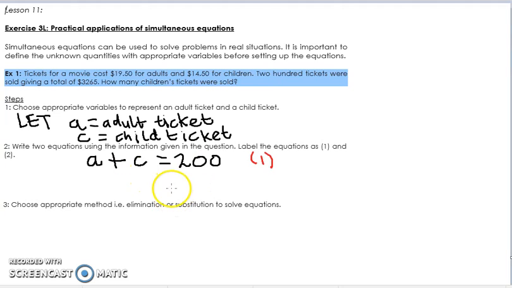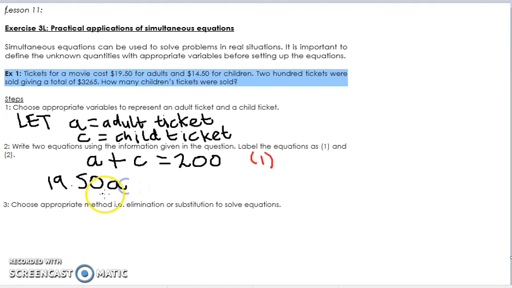and that's actually not solvable, because you can't have A plus C equal to something and then A plus C equal to something else. So this is where the cost of the adult and the cost of the child ticket comes into play. And we know that if we sold a certain amount of adult tickets, it does cost $19.50.